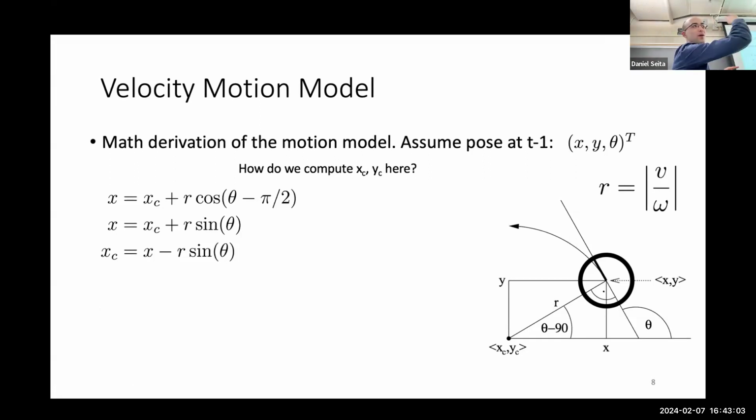Do you remember how the graphs look? They're basically the same graph, except if you subtract pi over 2, then they coincide. So you can plug in sine of theta here, then you just rearrange and you get that.